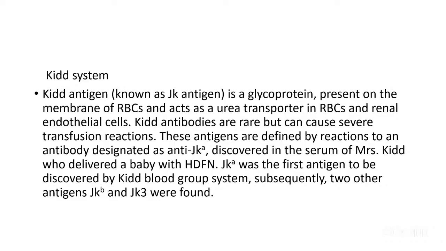These antigens are defined by reactions to an antibody designated as anti-JKA, discovered in the serum of Mrs. Kidd, who delivered a baby with HDFN, that is, hemolytic disease of the newborn. JKA was the first antigen to be discovered in the Kidd blood group system. Subsequently, 2 other antigens, JKB and JK3, were found.